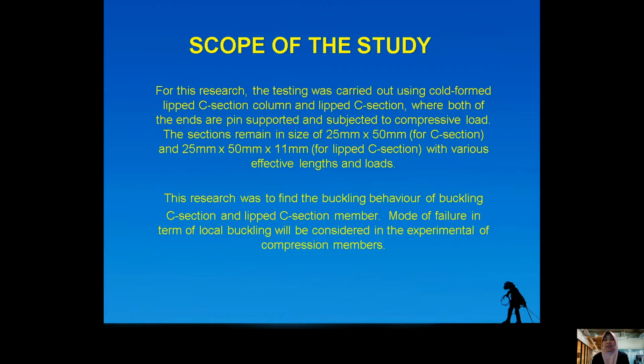The sections remain in size of 25 mm times 50 mm for C section and 25 mm times 50 mm times 11 mm for lip C section with various effective lengths and loads. This research was to find the buckling behavior of C-section and lip C-section members. Mode of failure in terms of local buckling will be considered in the experiment on compression members.